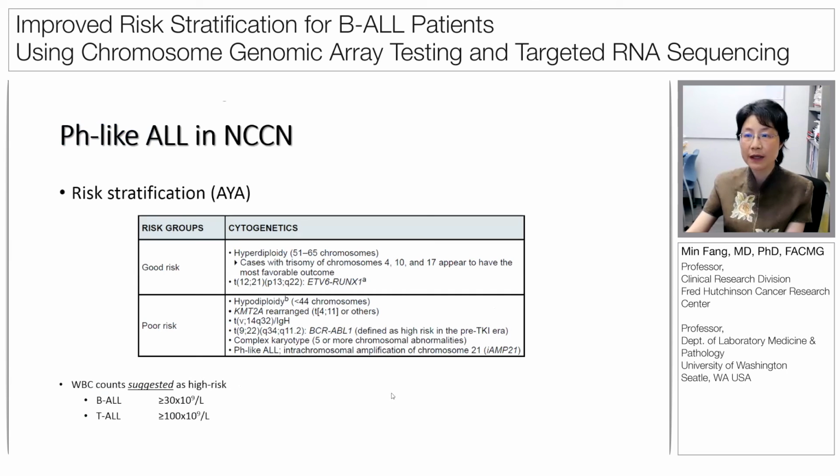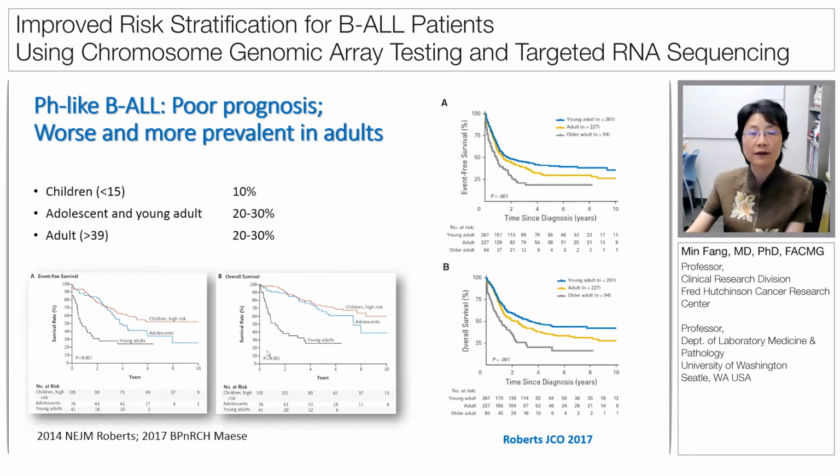So we know pH-like ALL is already called out in the NCCN guideline as a risk stratification category of poor risk. In both the pediatric and adult cohorts, there's an age-dependent effect of the risk, a prognostic risk.